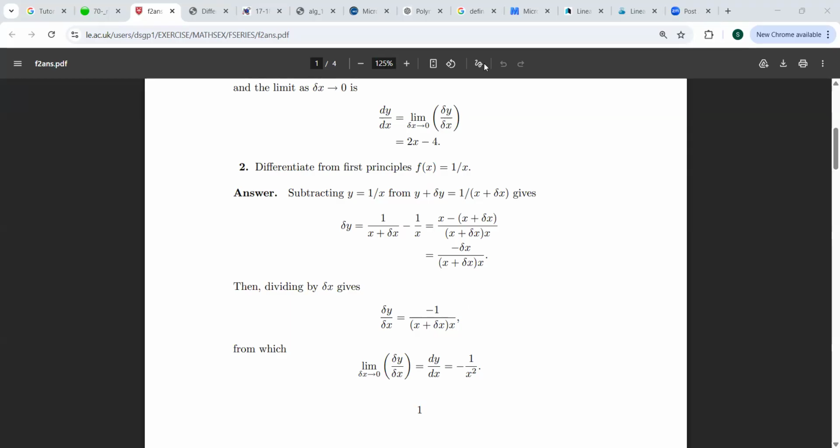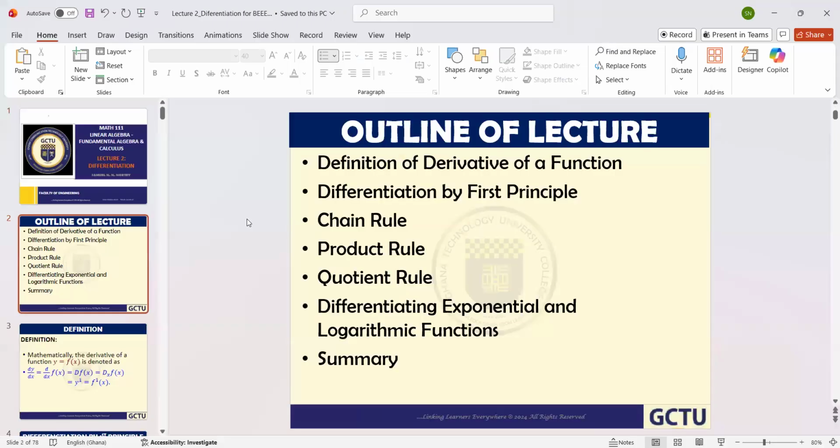So, God willing, next week, with respect to differentiation, we are going to look at the rest of the methods used to differentiate these functions. If you want to read ahead, there's a model book online.